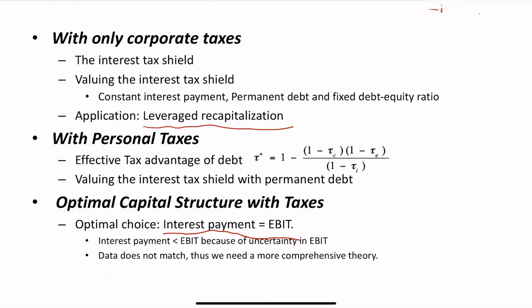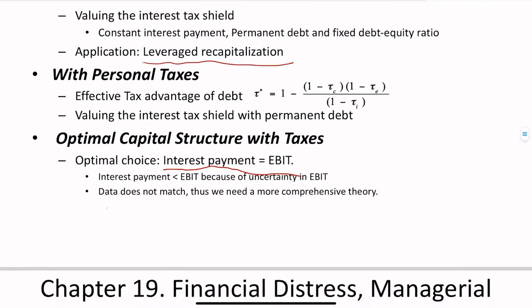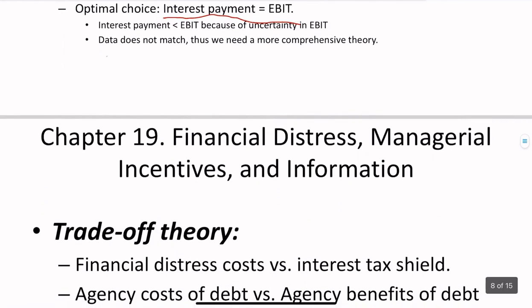If you look at data, I cannot remember exactly the number, but I think the ratio of interest payment to EBIT is about 30%. So it is very low compared with what is predicted by the theory, right? So we want to understand why.